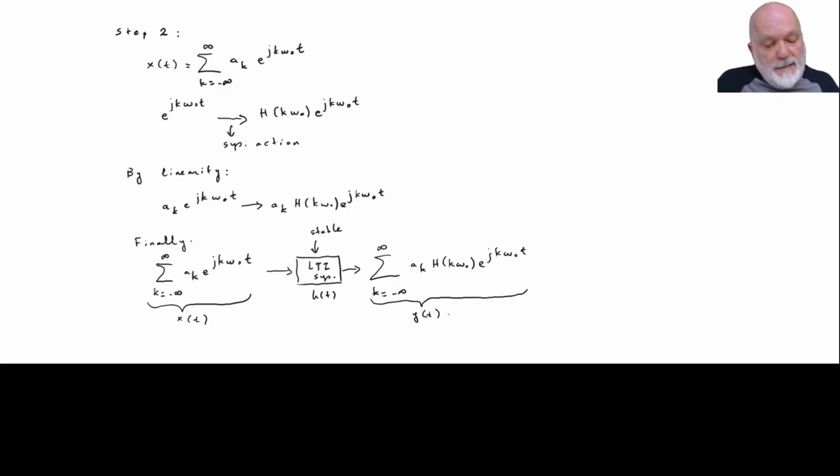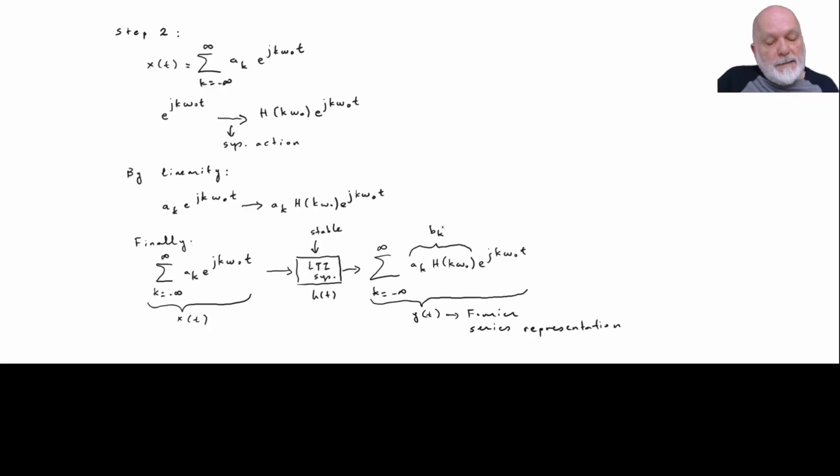So it is the Fourier series representation of y of t. Okay? And the Fourier coefficients, let us show them by bk.